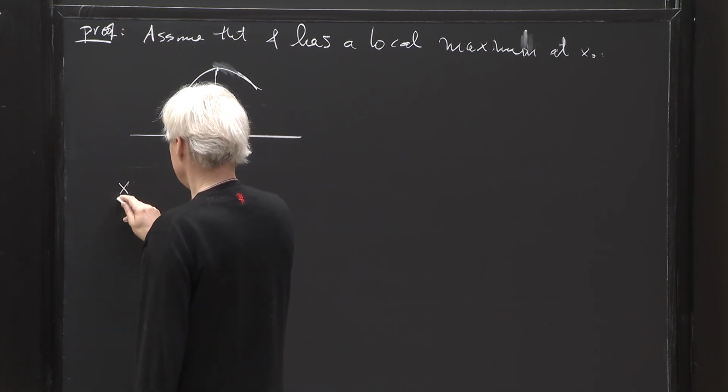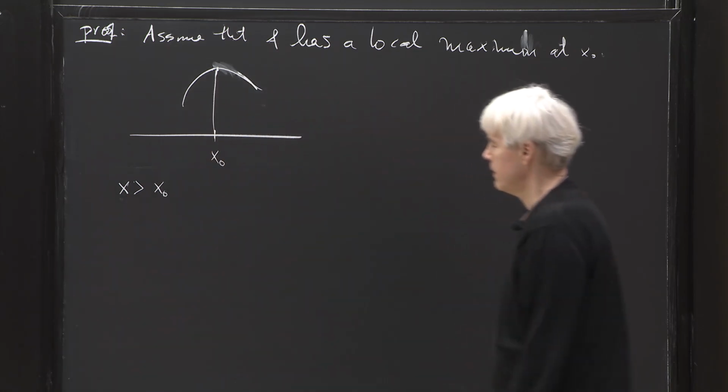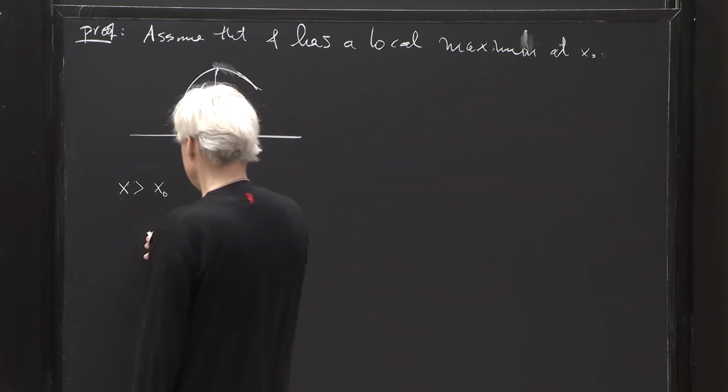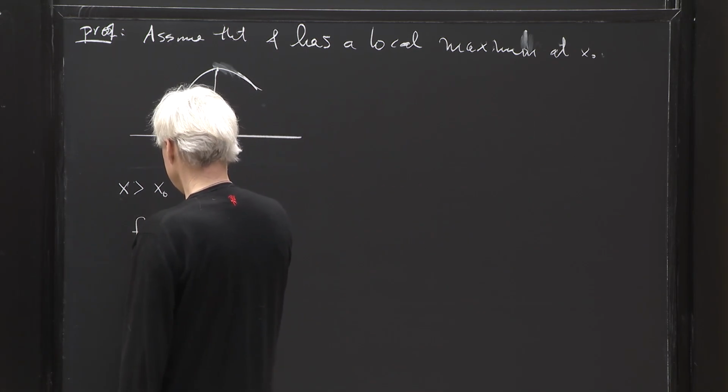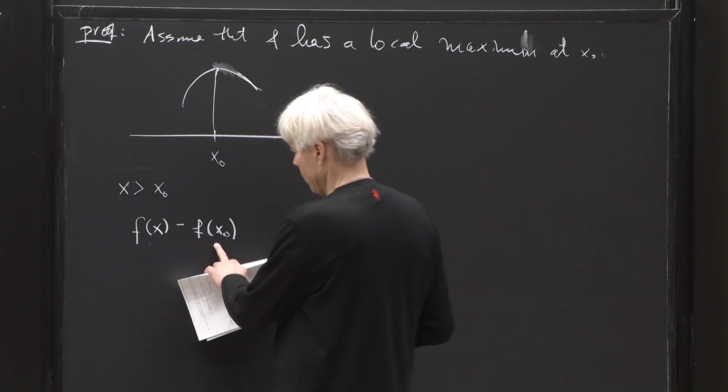You're looking at where x is bigger than x0. If x is bigger than x0, then you have that f of x minus f of x0, right, the value at x0 is the maximum.